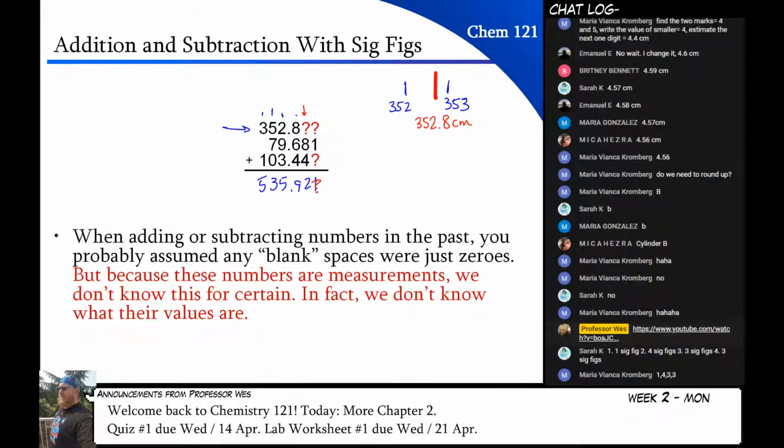It could be any number it wants to be, so this becomes a question mark too. But right here, I reliably know that 8 plus 6 plus 4 would give me something that is approximately the digit I wrote here. Now, I got an 8 if I do the addition here, but carried over from the numbers that we know, it would round up to 9. So the correct answer we would write would actually be this. And I don't get to keep these 2 digits over here because they were mucked up by question marks.